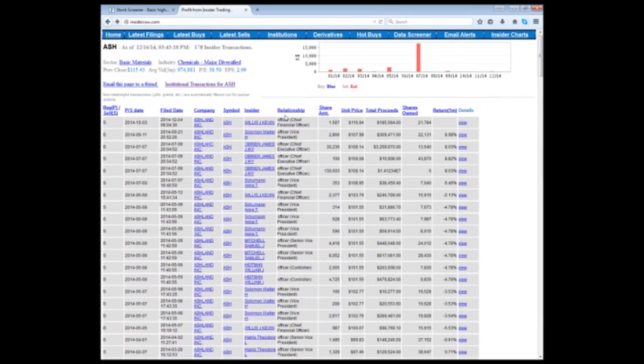And if we want to get even trickier, we can also have a look at what the insiders or smart money is doing on a sectoral or industry basis. We can go in and click industry. It just takes a few moments here.